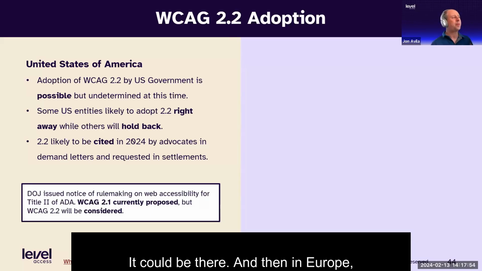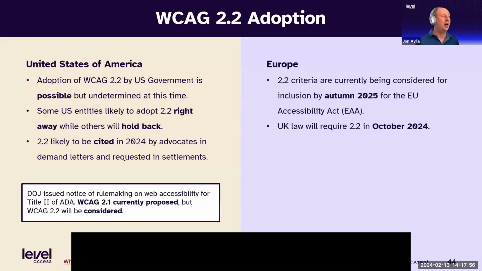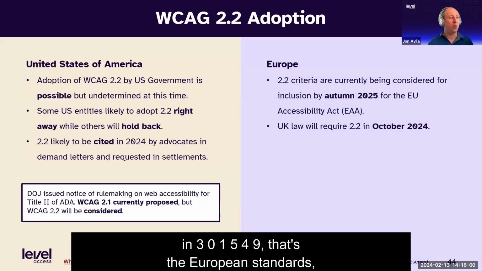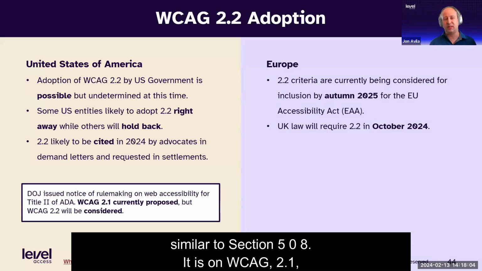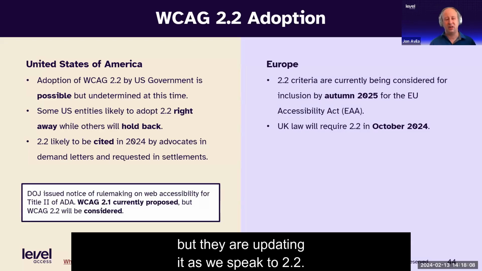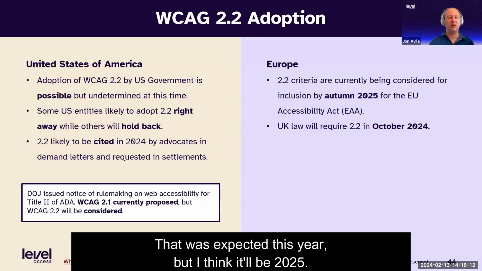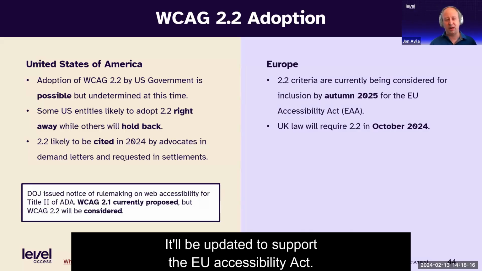And then in Europe, what we know is currently the European standard is EN 301549. That's the European standard similar to Section 508. It is on WCAG 2.1. They are updating it as we speak to 2.2. That was expected this year, but I think it'll be 2025. It'll be updated to support the EU Accessibility Act.